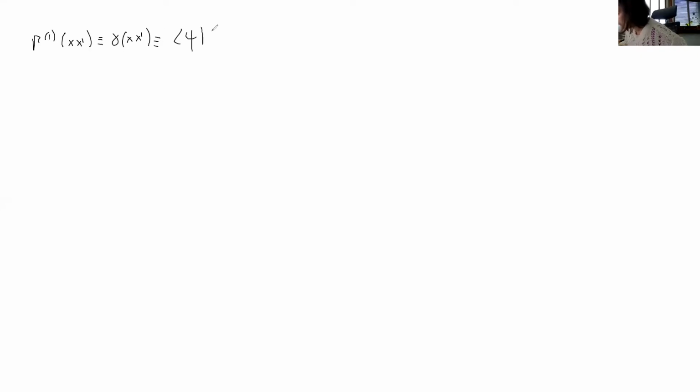I forgot to put the expression of gamma 2 in terms of field operators, but okay, it's not a big deal. And so this can be expressed in this way.